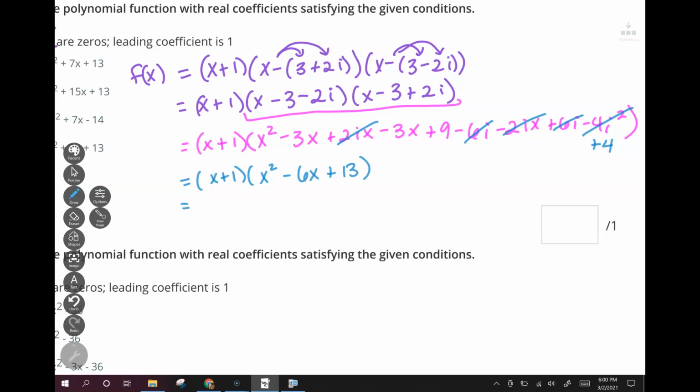Okay, and then we will FOIL. So distribute the x and distribute the 1. And then combine like terms. And you're done.